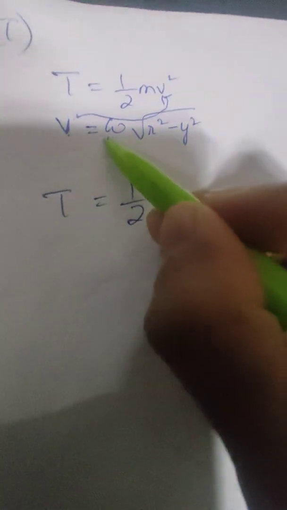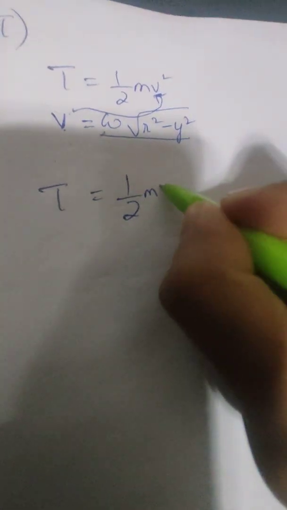Now if we substitute this value of v into the kinetic energy, T will be equal to half m v square, and v is omega root r square minus y square.